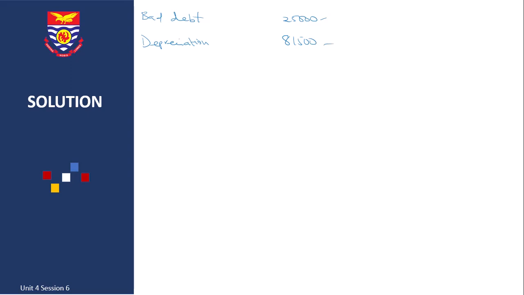When we add all together, we are going to get 286,350. We are going to get an adjusted net profit of 434,300.